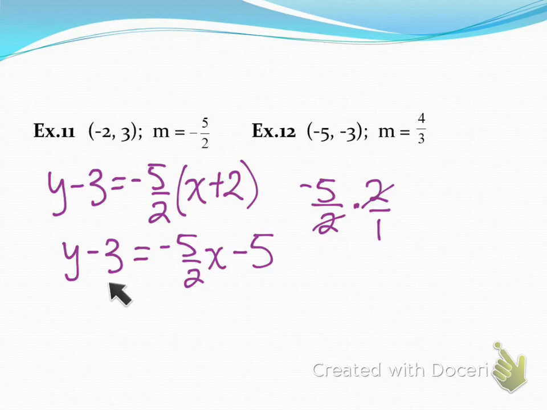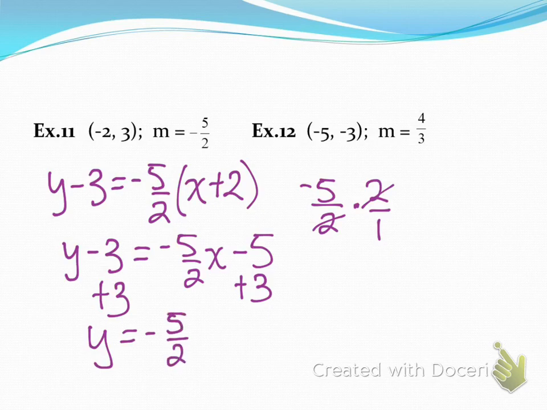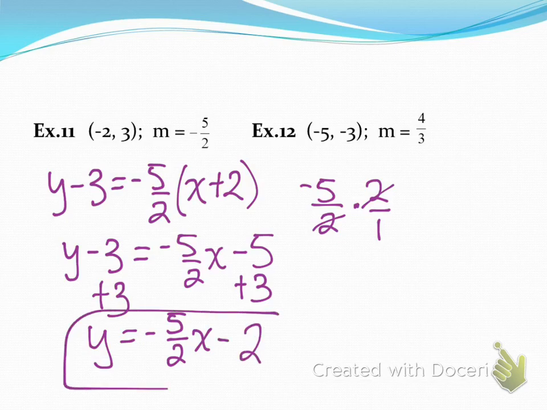So right now we're subtracting 3 from the y. How would I undo that? Add 3, but if I do it to one side, do it to the other side. We have y equals negative 5 halves x. What's negative 5 plus 3? A negative 2. Now we're done with that problem.